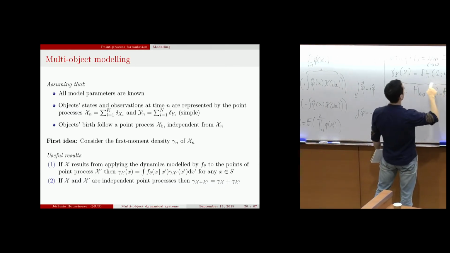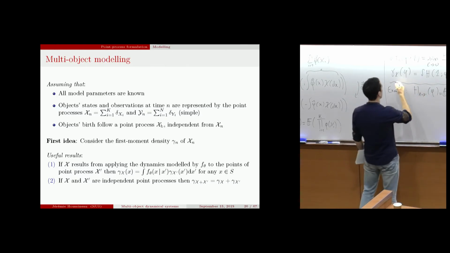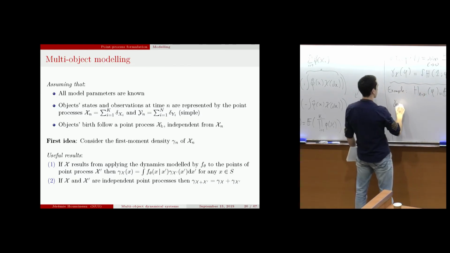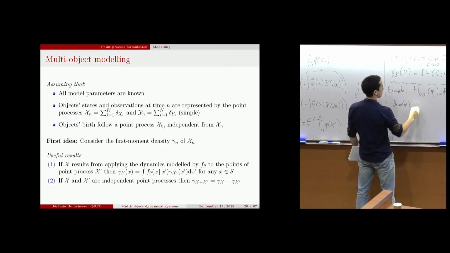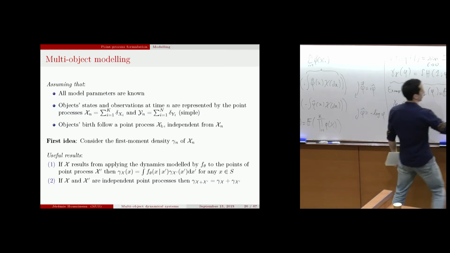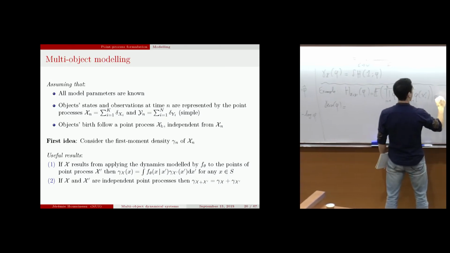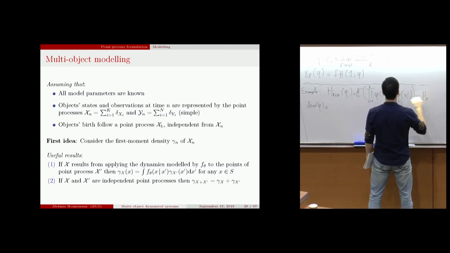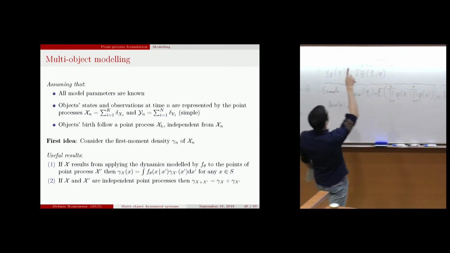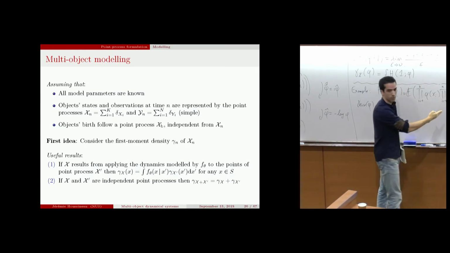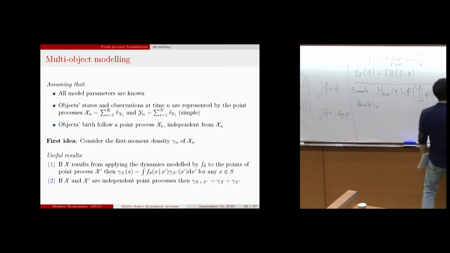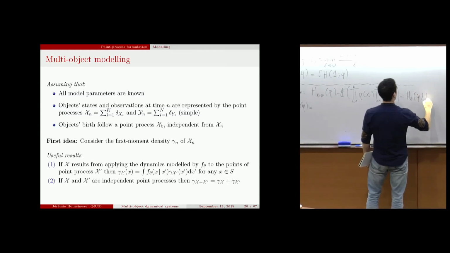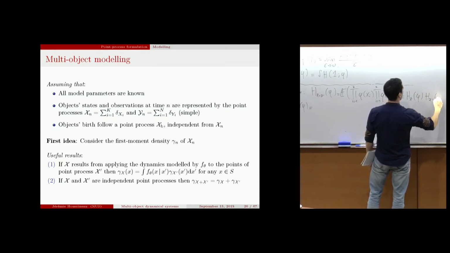And we just differentiate this. We want to find out the first moment of x plus x prime, evaluated at function phi. Here I have to assume independence, and that's very important. If they are not independent, I can't do anything here. But if they are independent, then it's just the PGFL of x times the PGFL of x prime.